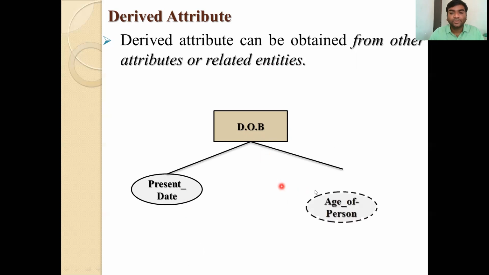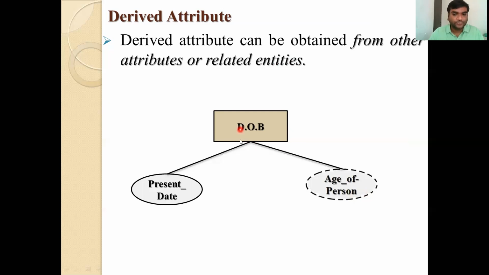From these two things you can calculate the age of that particular person, because from the present date you have to subtract your date of birth, so you will get the age of the person. So that is the derived attribute.